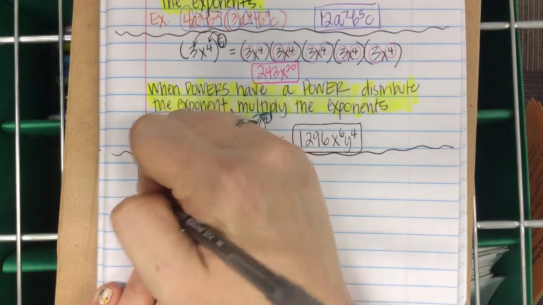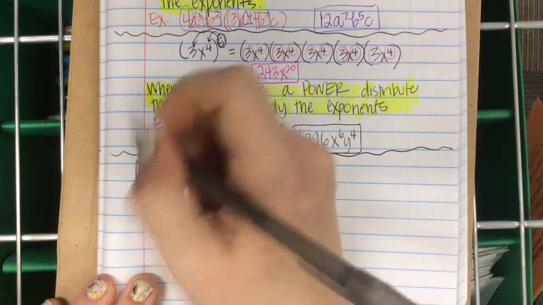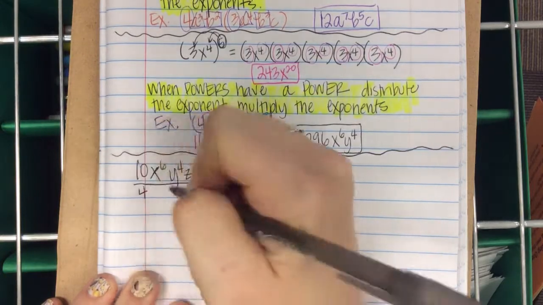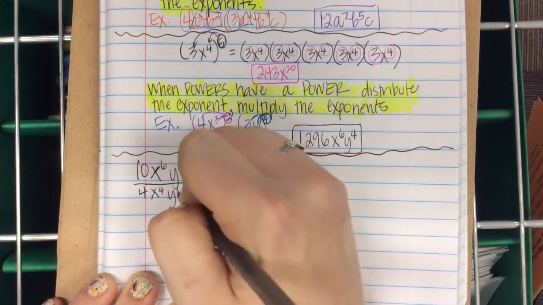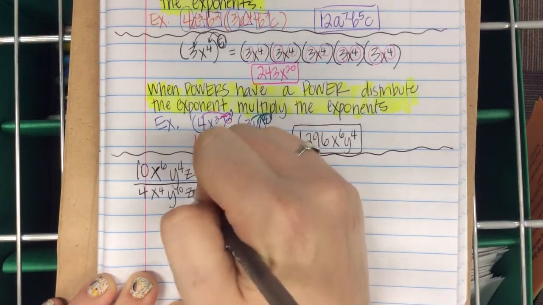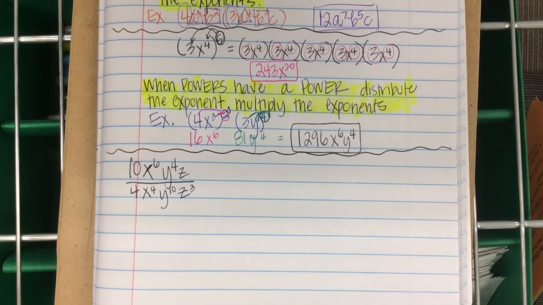Let's do 10. 10x to the sixth, y to the fourth, z, over 4x to the fourth, y to the 10th, z to the third. Yeah, this will be on your homework.